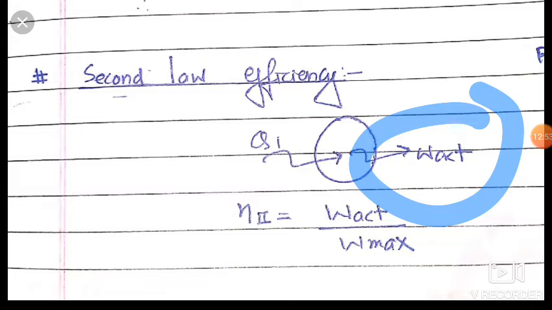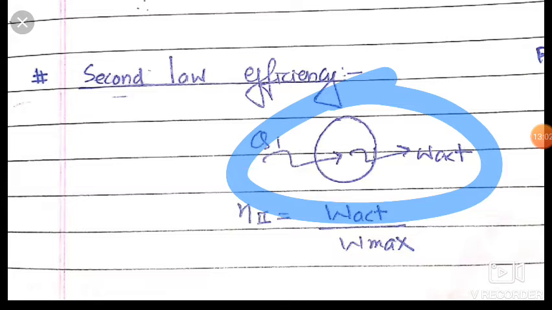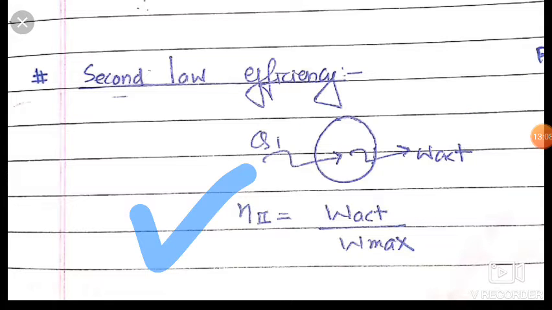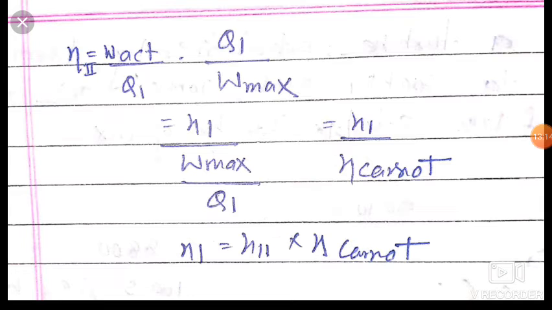When efficiency is maximum, then we are getting W maximum, and when we are working at any natural efficiency in our environment, then we are getting work done actual. So second law efficiency is equal to work done actual upon work done maximum.